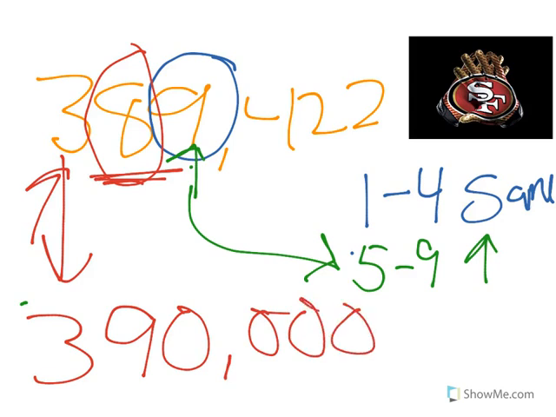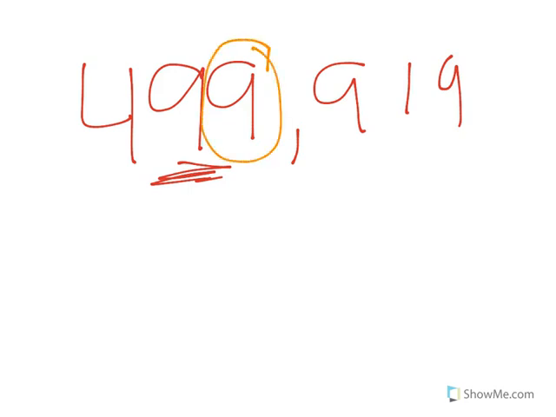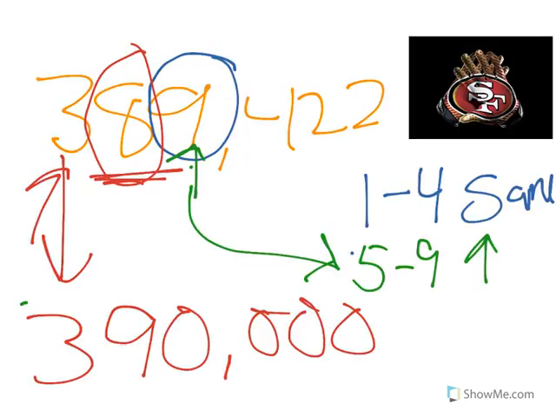Okay, now the tricky one is if I have 499,919 and I'm underlining this number. If I look here, we look back and it's between 5 and 9.